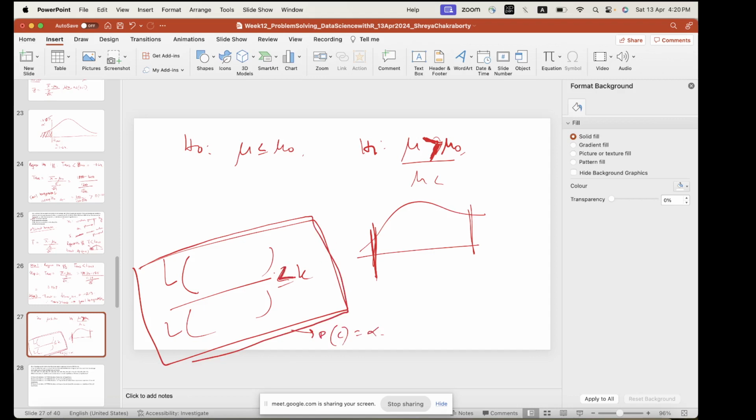So if this is not reversing the sign over here, then it will not change, like in examples. So what I mean to say is that for all the examples that you are going to do, irrespective of whether you have less than equal to or greater than equal to over here, whatever is here, that bound will only follow. But that is not always the case given the Neyman-Pearson lemma. Alright?